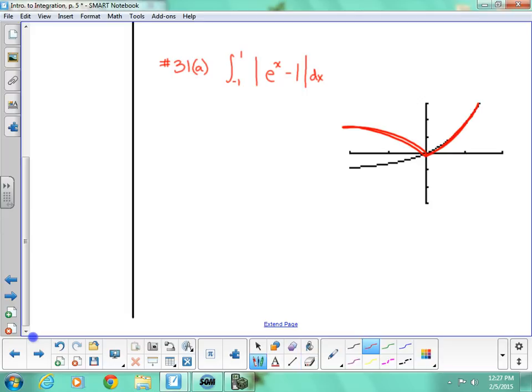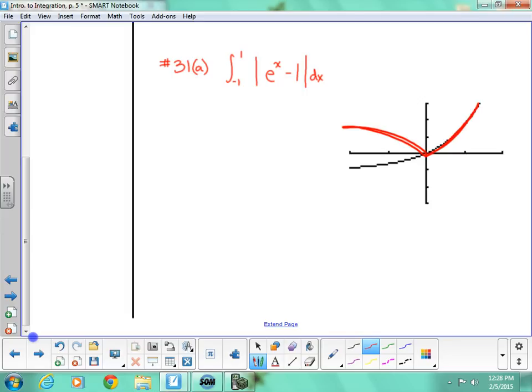What do you notice? What is going to change about the integrals when we solve it if we're trying to find the area? What changes between this one and this one? You don't subtract. Well, this area won't be negative, right?